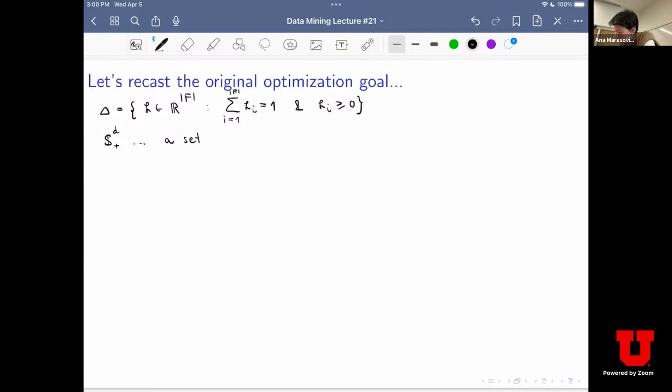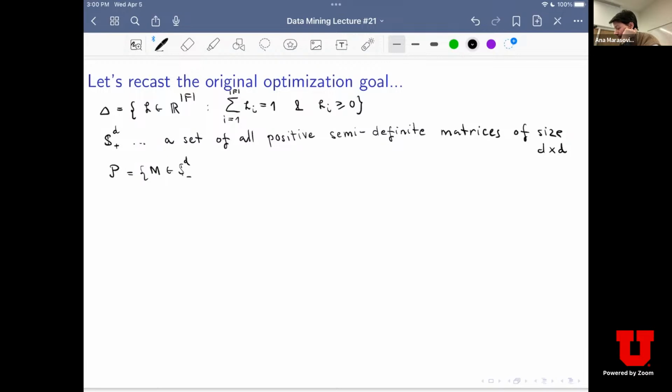So this is the set of all positive semi-definite matrices of size D times D. And we are then going to define a slightly special set of such matrices: the set of all positive semi-definite matrices of size D, but we also require that the trace of the matrix equals 1.